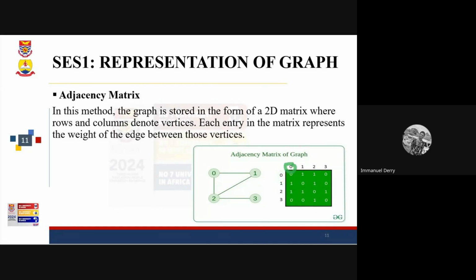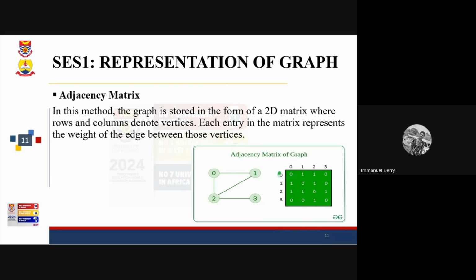Do we have an edge connecting 0 and 0? No, sir. So there is no edge connecting it, which is why it is represented as 0 over here.